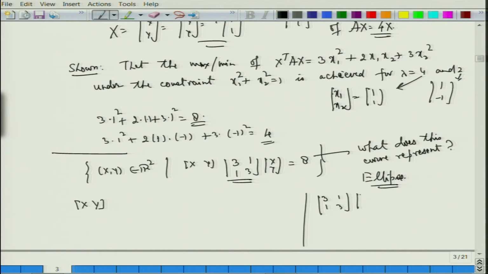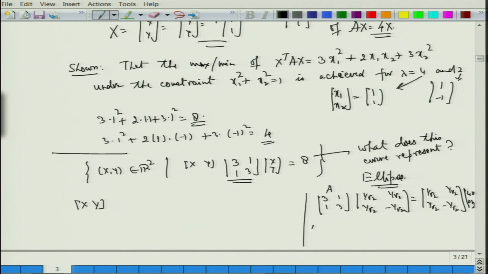Let me write it as 1 upon square root of 2, 1 upon square root of 2, 1 upon square root of 2, minus 1 upon square root of 2. So let us look at this part. So this matrix A times this is nothing but 4 times this itself. All right. So I would like you to see that this is 1 upon root 2, 1 upon root 2, root 2 times the matrix 4 0 0 2. All right. This is what this matrix is.